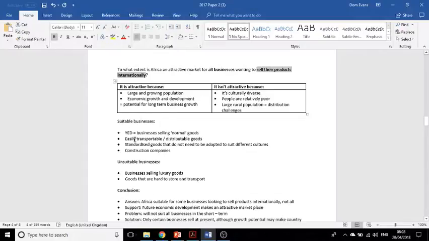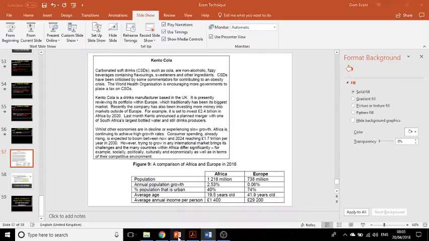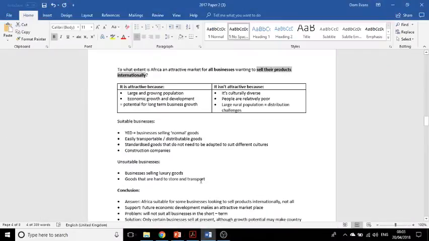I'm going to need to back that up with some of the statistics that were provided for me here, but that's basically my argument for, and I could summarize this as there's the potential for long-term business growth given these two combined factors of the large and growing population taking place alongside economic growth and development.